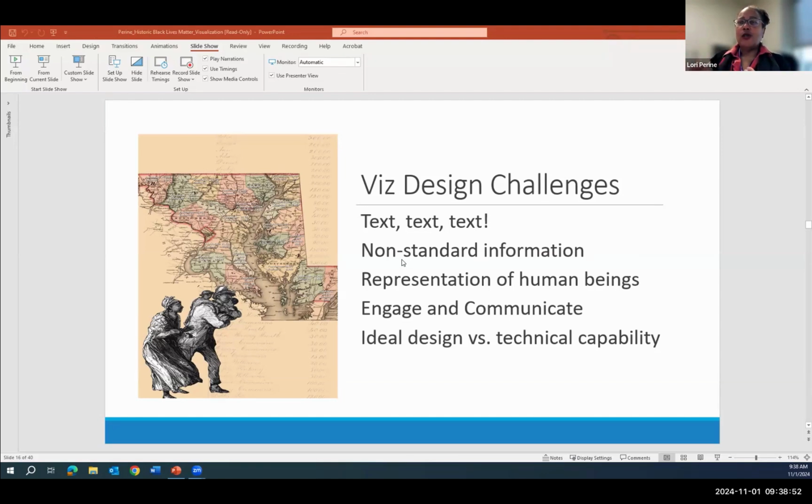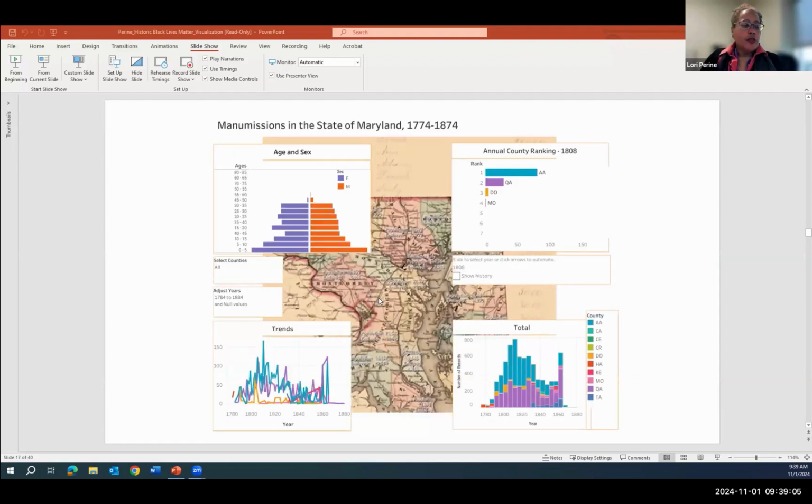So what could we do using primarily openly available software and techniques that did not require people to be master coders?